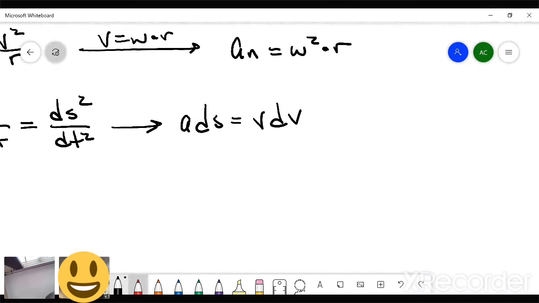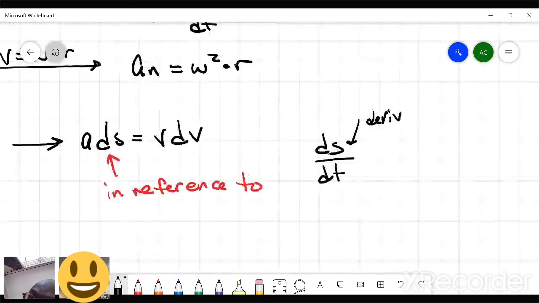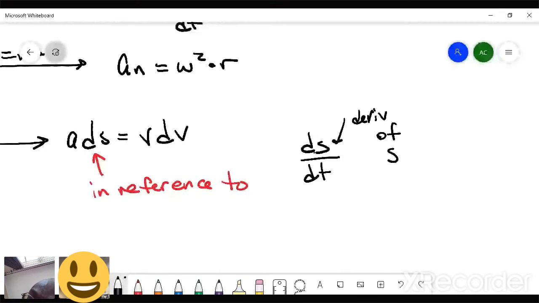So this is not the derivative of velocity and position. It means in reference to. Remember, look at it like this: ds dt is the derivative of position with respect to time.